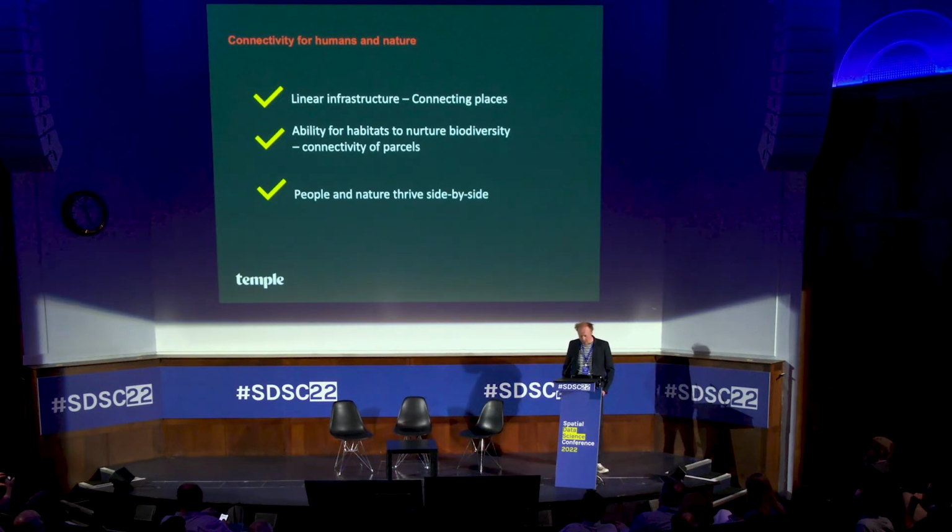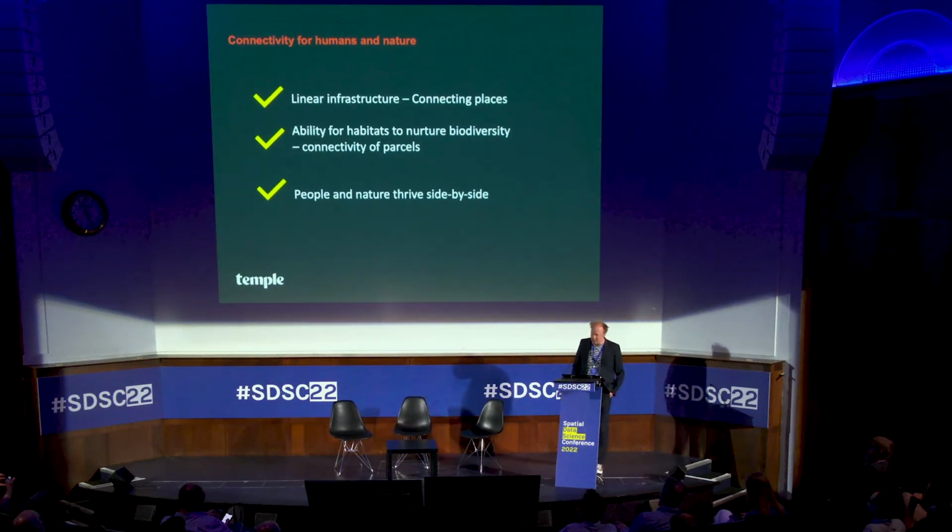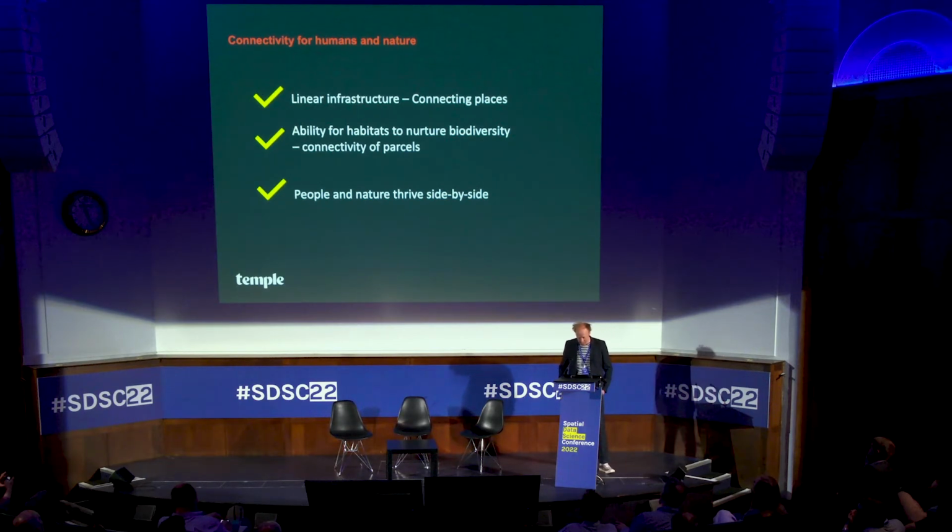So ensuring parcels of similar habitats are joined up. This can allow wildlife to thrive. So we're working on using linear infrastructure to help plan habitat connectivity improvements. So connecting for us and connecting for wildlife. And hopefully that will help both people and nature thrive side by side.